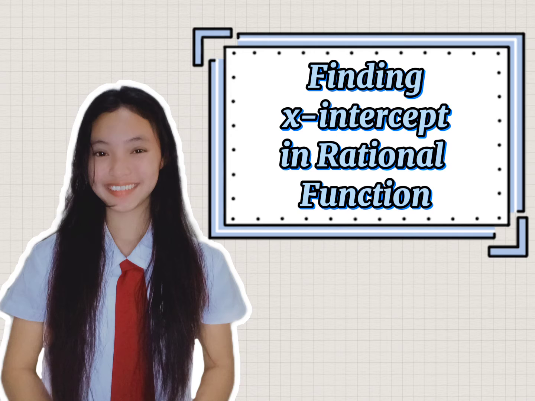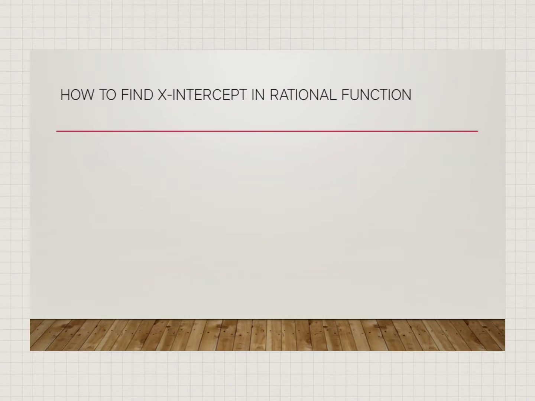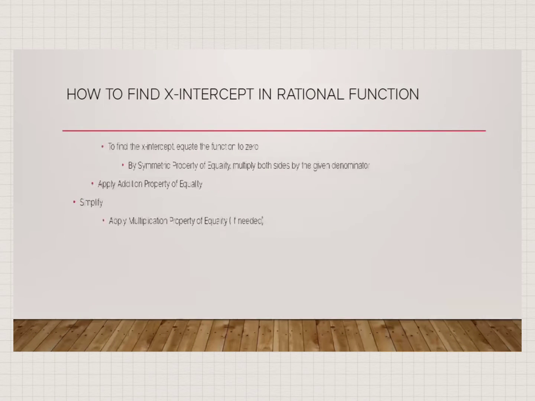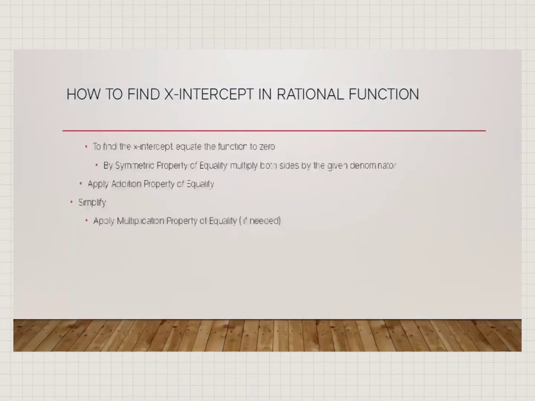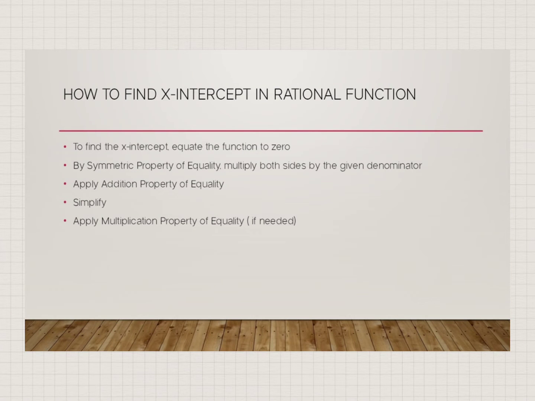let us go on in finding x-intercept in rational function. How to find x-intercept in rational function? Okay. In finding x-intercept, you need to equate the function to zero. And then, by symmetric property of equality, multiply both sides by the given denominator.